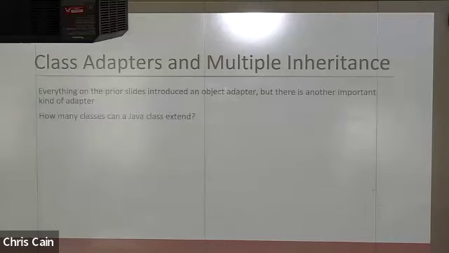So preliminaries, how many classes can a Java class extend? If you're using the keyword extend, just one, right? Can you put a comma in there with another abstract class? The answer is no, you cannot. How many interfaces can a Java class implement?